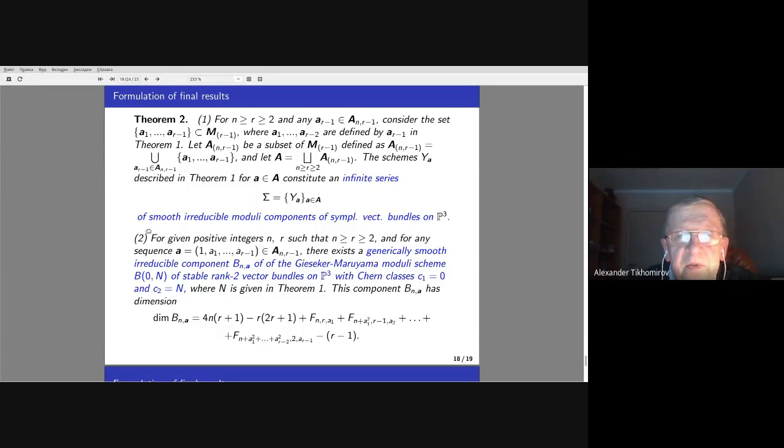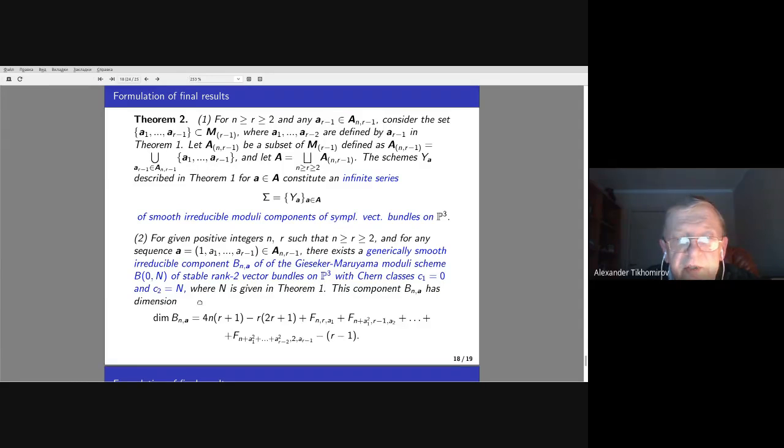And if we look at the final step of this inductive procedure, where we obtain rank 2 bundles, so if I take A to be the collection of these increasing numbers from 1 to R minus 1, then there exists a generically smooth irreducible component B sub A of the Giesecke-Murayama moduli scheme B0 capital N of stable rank 2 bundles on P3 with Chern classes C1 equals 0 and C2 equal N, where N is given above.